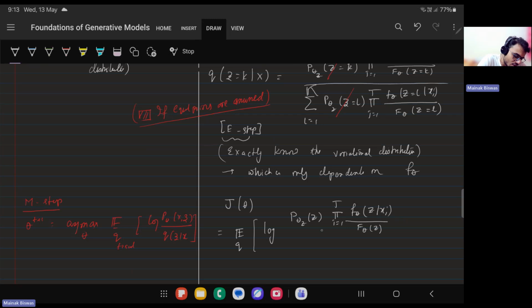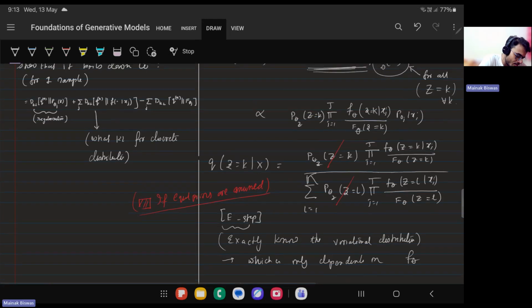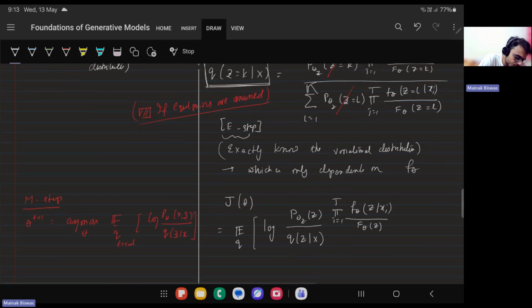I'll do something about this, don't worry. And we'll have a denominator term q of z given x. Right? So this is my denominator term. From the overall data, this is my q of z given x, which is already computed. This is known from the E step. This also is known, this also is known. Okay.